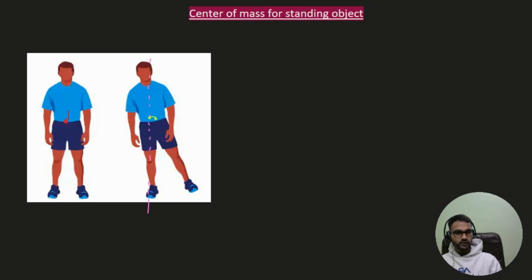So he changed his posture to the left side, and to balance it, he has to open his second leg to the right side, so that the center of mass is somewhere above this foot, approximately at this point. Then only he'll be able to balance his body, otherwise he'll fall. Now you can try this experiment at home also. Try to stand on one leg without changing the posture. You'll definitely fall. You have to change the posture of your body, otherwise you're going to fall.